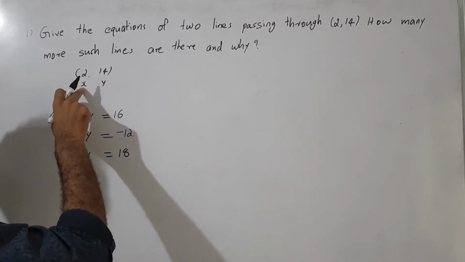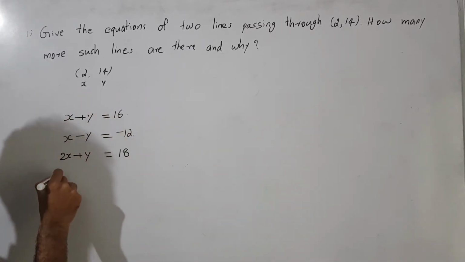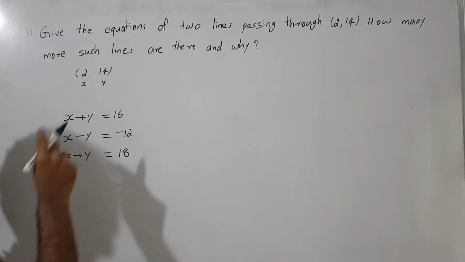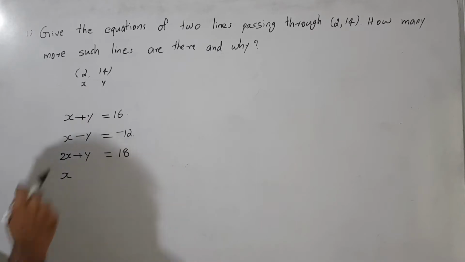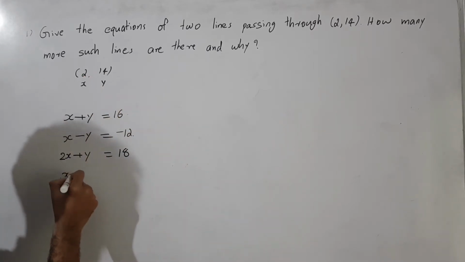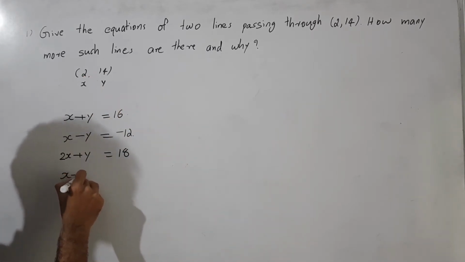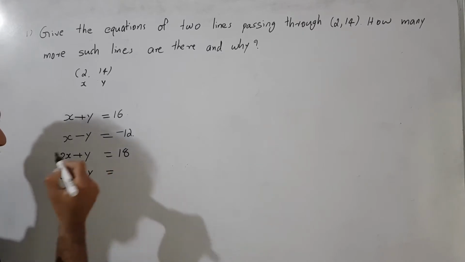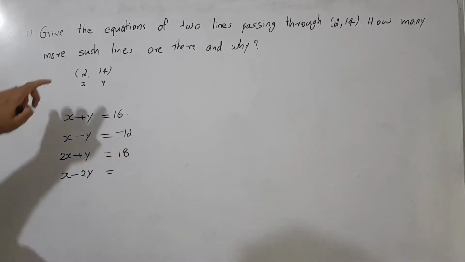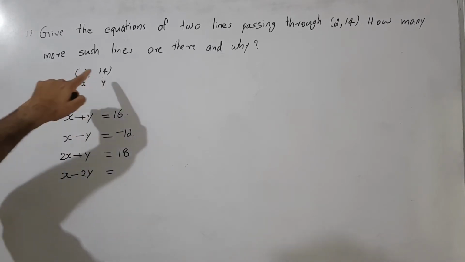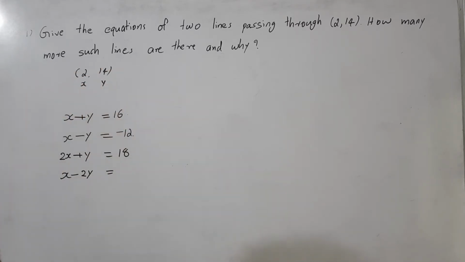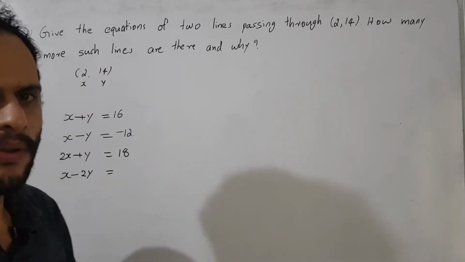We keep the x the same and multiply y with 2. Then what is the change? Plus or minus 2y. Okay, x minus 2y is equal to, what is x? x is 2, there is no change. 2 minus 2y. 2y means 14 into 2. 14 into 2 is 28.